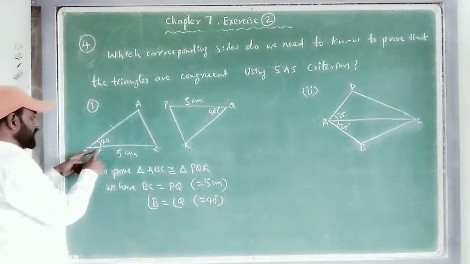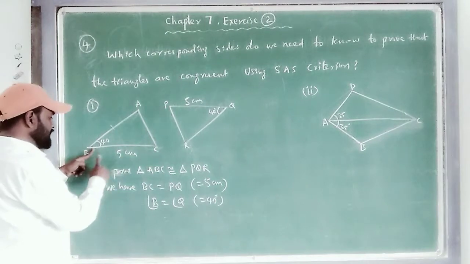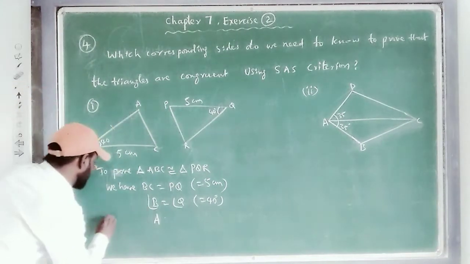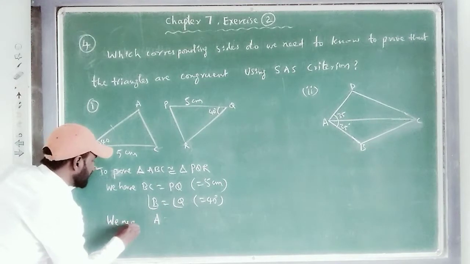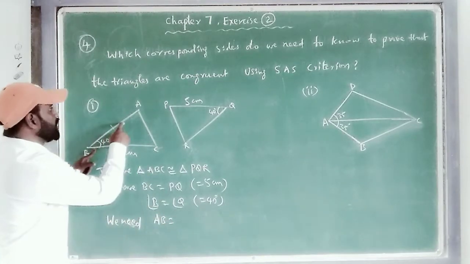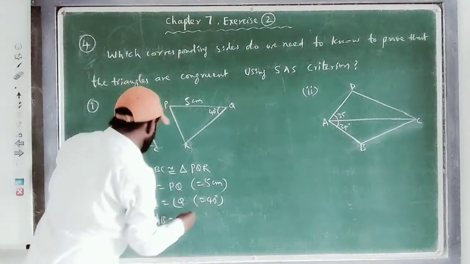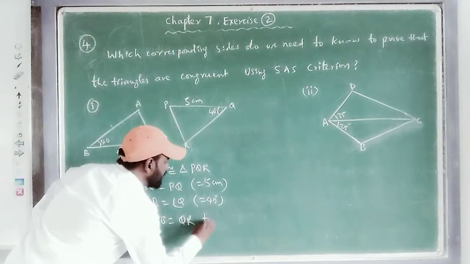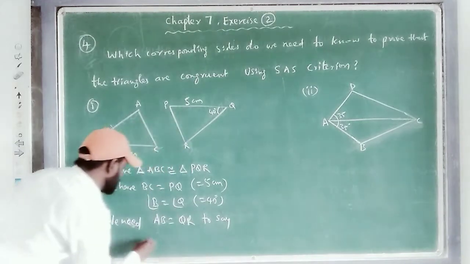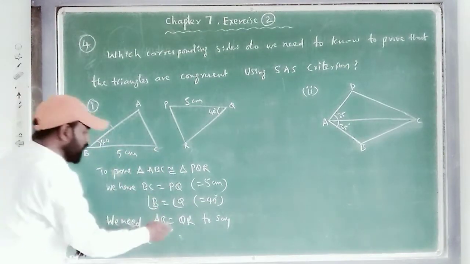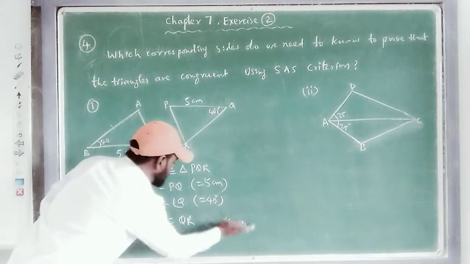So this angle 40 degrees is made by BC, of course, but what is the other side? AB. So we need AB should be equal to QR to say triangle ABC is congruent to triangle PQR. We need this by SAS rule.